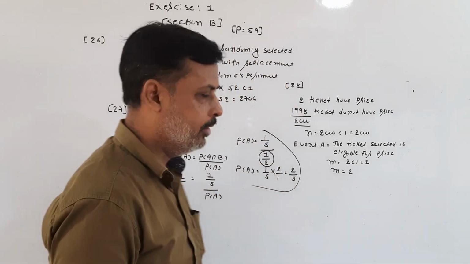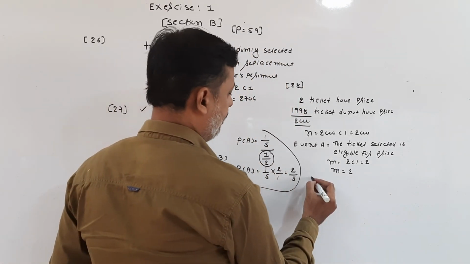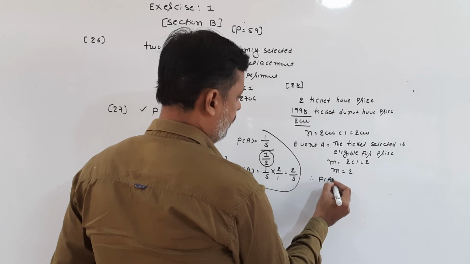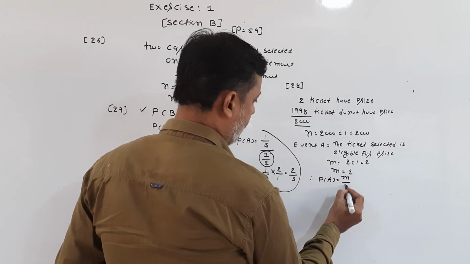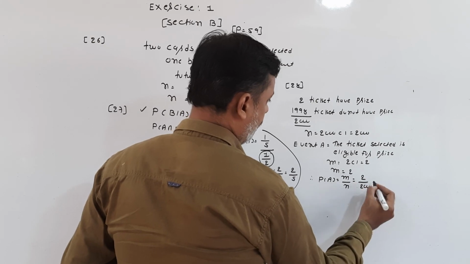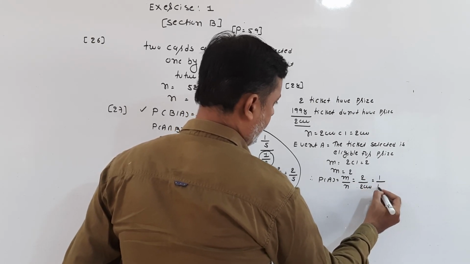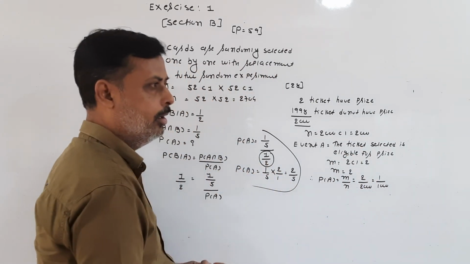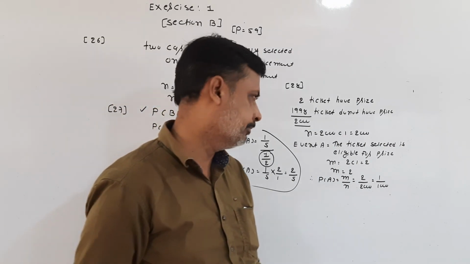So probability of event A, that is P of A is equal to m upon n, 2 upon 2000. अगर डिवाइडेड बाई 2 करें तो 1 upon 1000.